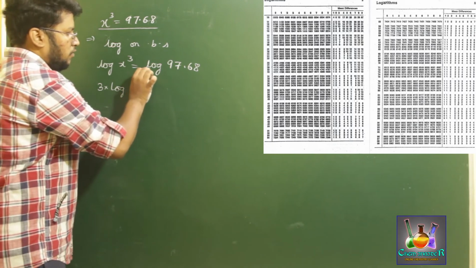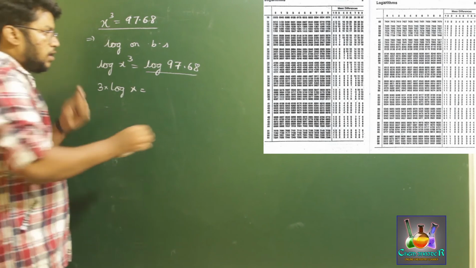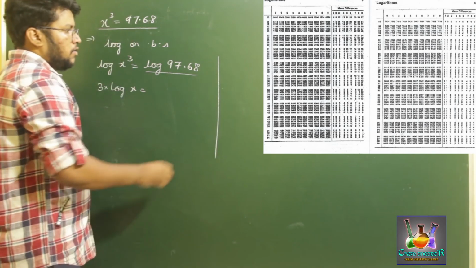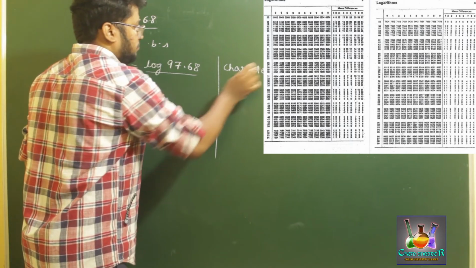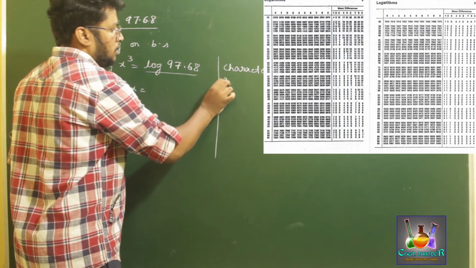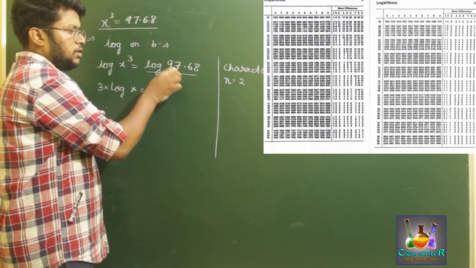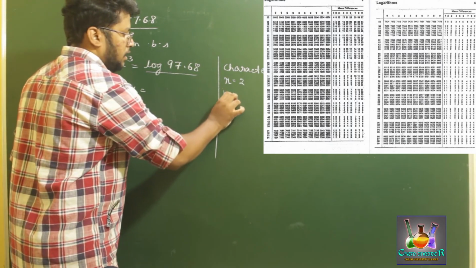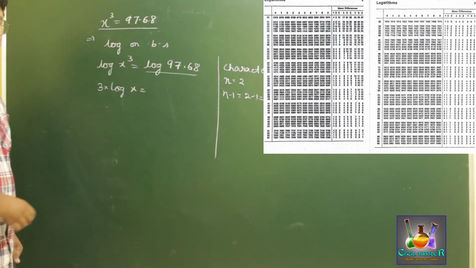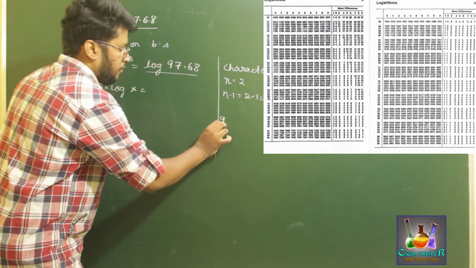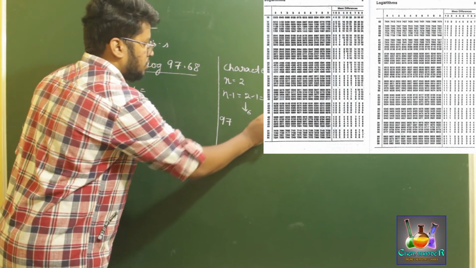Now we can find the value of log of 97.68. First, the character: here n is equal to 2, that is, we have 2 digits before the decimal. So the character will be n minus 1, that is 2 minus 1, that is 1. Now for the mantissa, we need to find the value of 97 under 6 and 97 under the mean difference of 8.